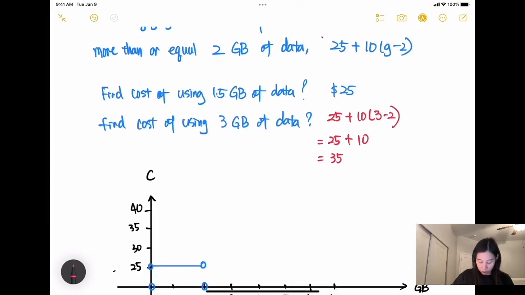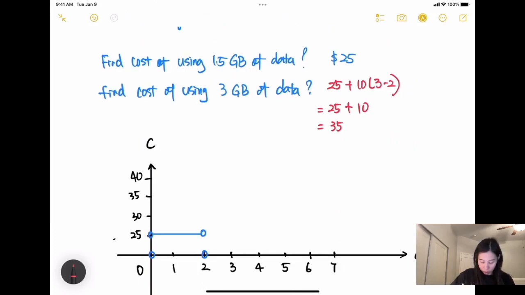When it comes to 2, you will have 25; this is a linear function. When it comes to 3 gigabytes, they're going to charge you 35. And you connect these two dots together. So this is the line. This is what the function looks like. It's going to be a linear function starting from 2.